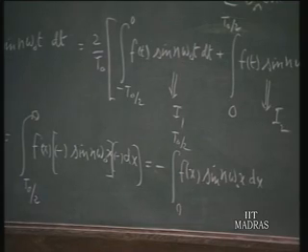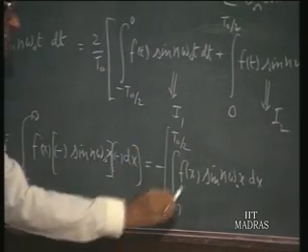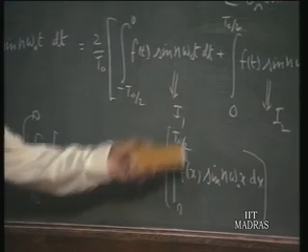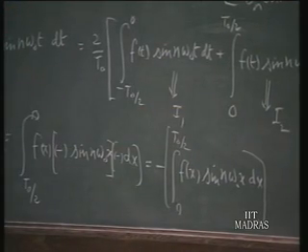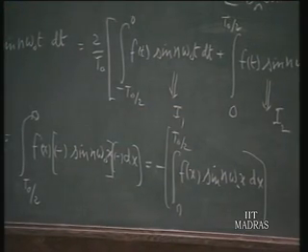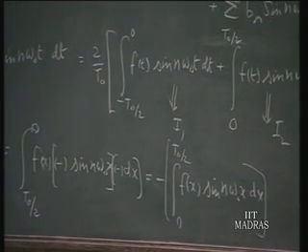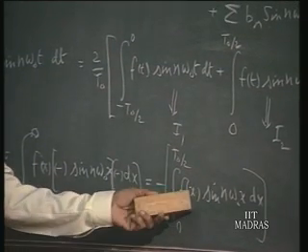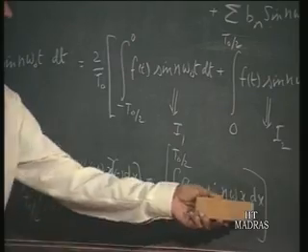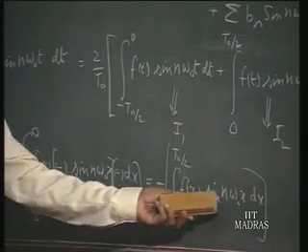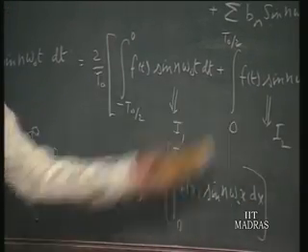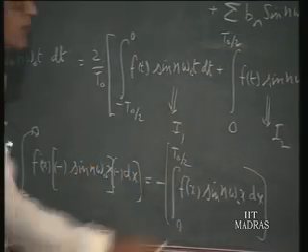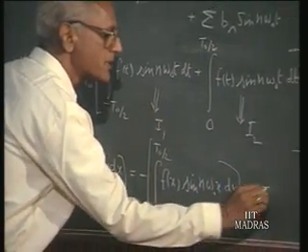Now this integral here is exactly the same as this because it is a definite integral, and the variable of integration could be any value, it is a dummy index really. So this integral f of x sin n omega naught x dx could as well be written as f of t sin n omega naught t dt, which is indeed this, and because of the negative sign out in front, this can be written as minus I2.